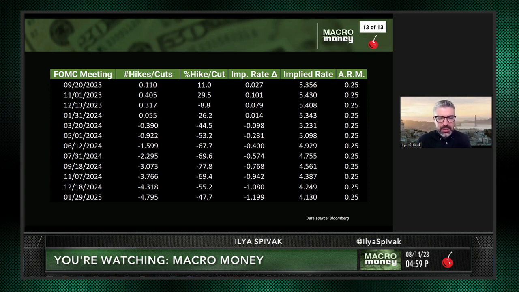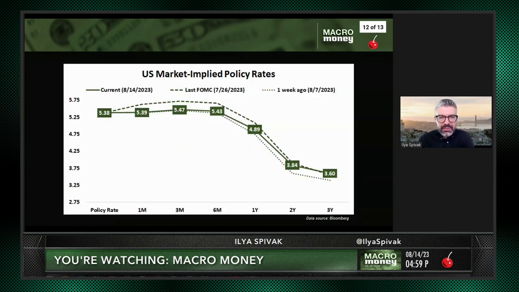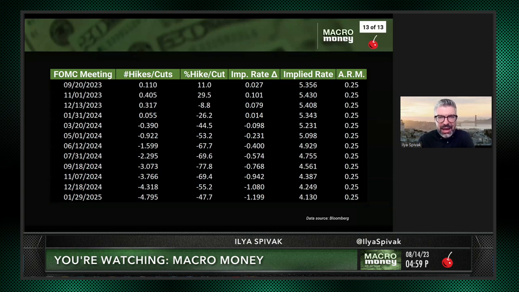The odds of a September rate hike still minuscule at 11%. The odds of one in November still less than even at 40%. So the market still thinks that the rate hike cycle has already peaked. That hasn't changed. We can see that here. What has changed is how much longer these rates will remain.